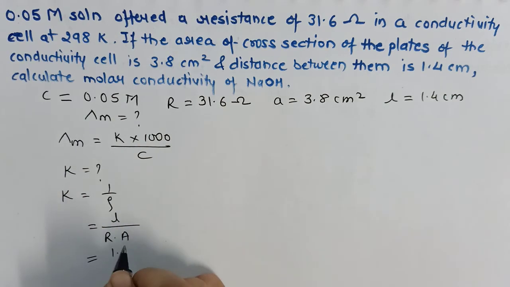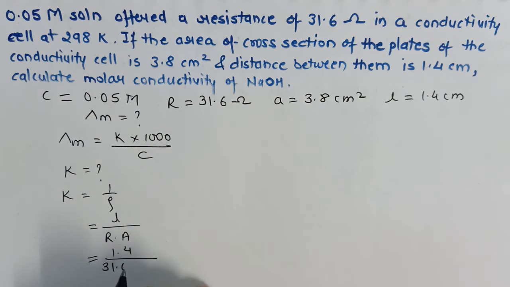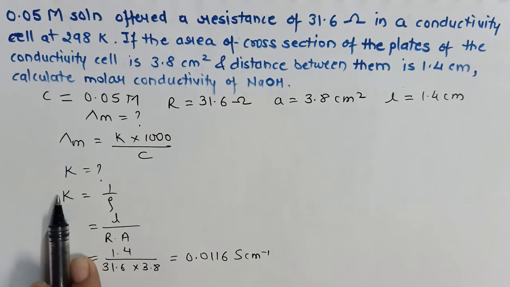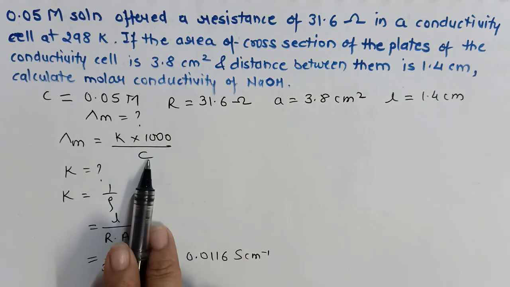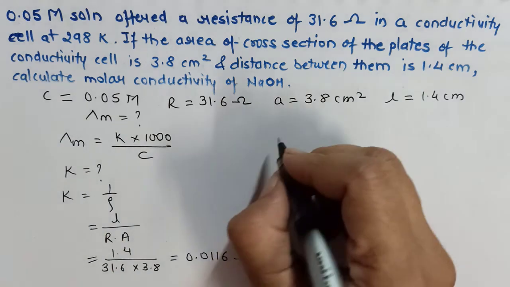Length is given 1.4. The resistance is given 31.6. And the area of cross section is given 3.8 centimeter square. On solving this, we get the value of K as 0.0116 S centimeter inverse. Now, since the value of K is available with me, and the value of concentration is available with me, we can directly calculate molar conductivity.